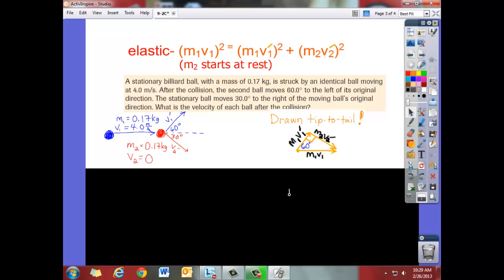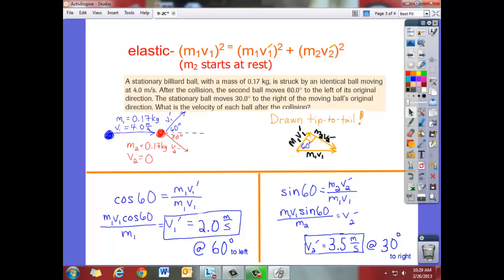And then the hypotenuse is the total momentum before, M1 V1. Once I have a right triangle drawn, all I need to do is use either the Pythagorean theorem or sine, cosine, and tangent in order to solve the problem.